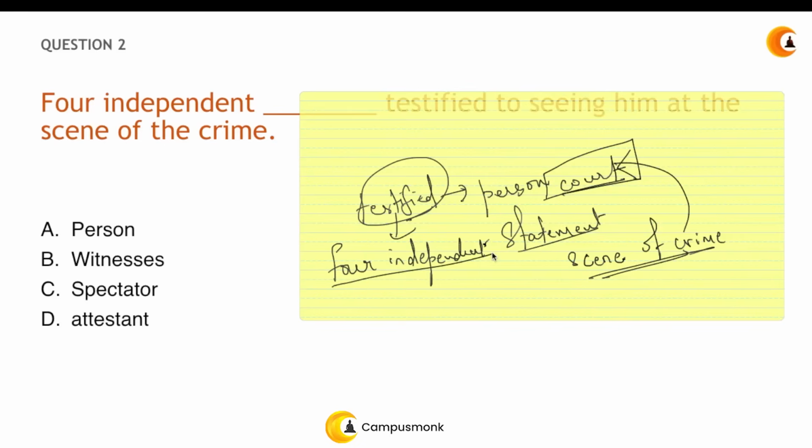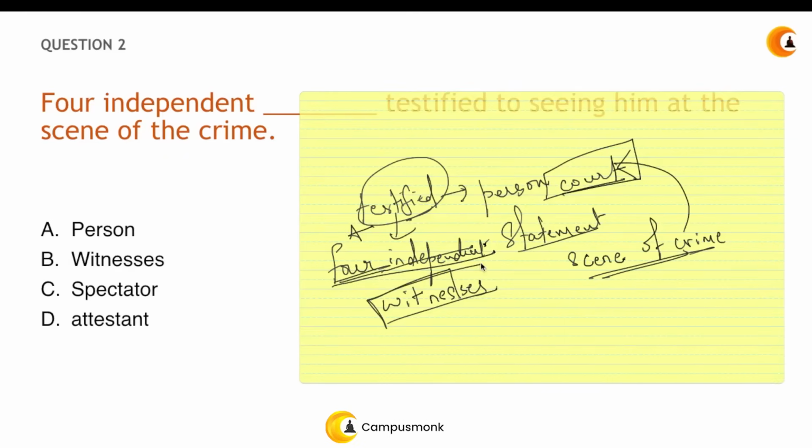So when it comes to court, these four independent people will not be a spectator, will not be an attestant, will rather be a witness. So since it is plural, four independent people, it will become witnesses. Got it? If it was a single independent one, then it would be witness. But since it's four people, it will become witnesses.